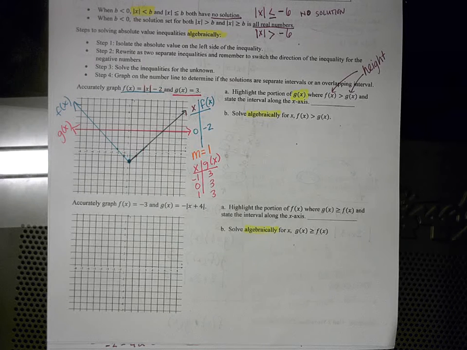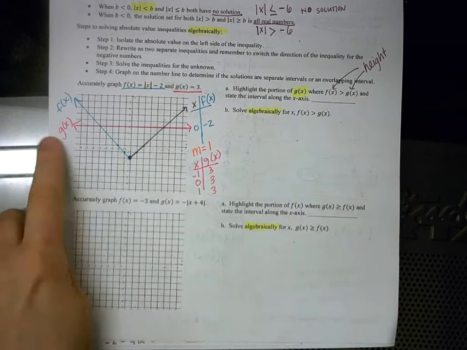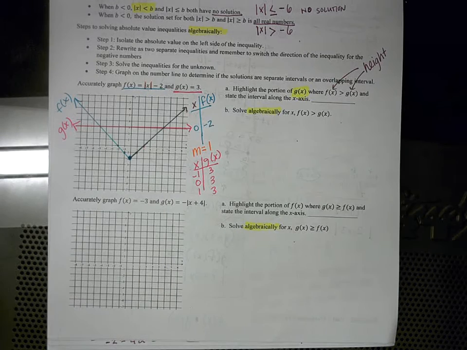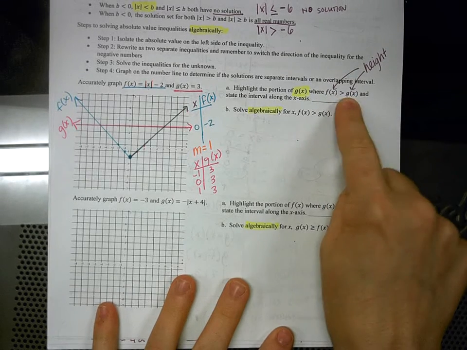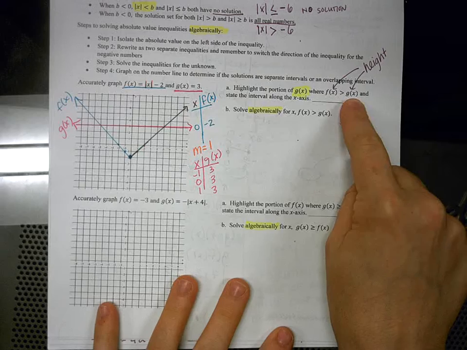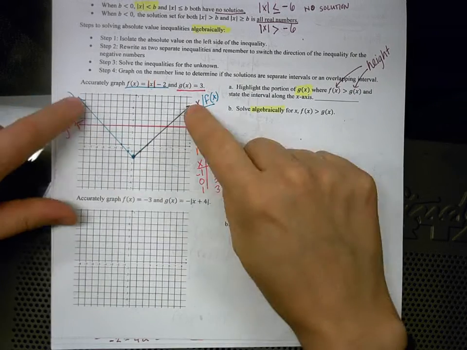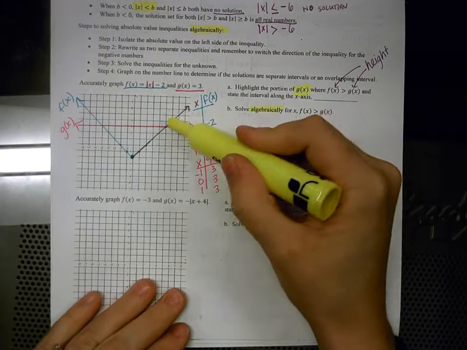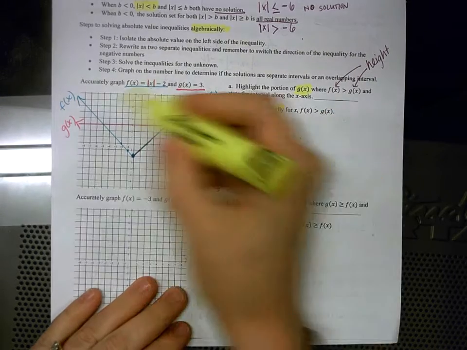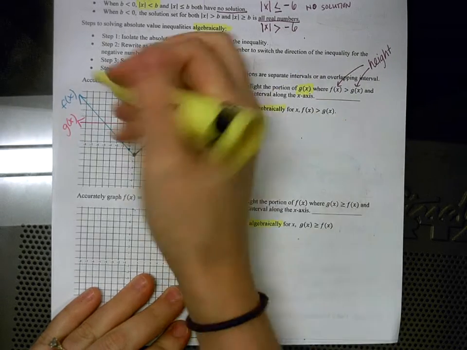All right, so we want to know where f of x is greater than g of x, and then we're going to highlight on g of x where that happens. So basically, where is f of x higher than my constant line, my horizontal line? On the inside or on the outside? On the outside. Now, you're not going to highlight on f of x. We are going to highlight on g of x where f of x is higher than that portion.